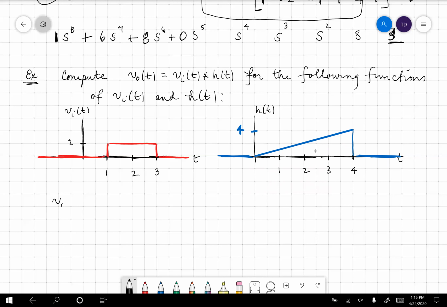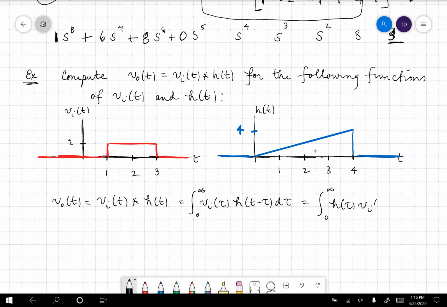So we know vo of t equals vi of t convolved with h of t, and that's going to either be equal to the integral 0 to infinity of vi of tau, h of t minus tau, or it's going to be equal to the integral from 0 to infinity of h of tau, vi of t minus tau, d tau.